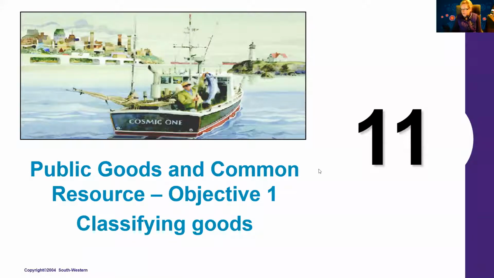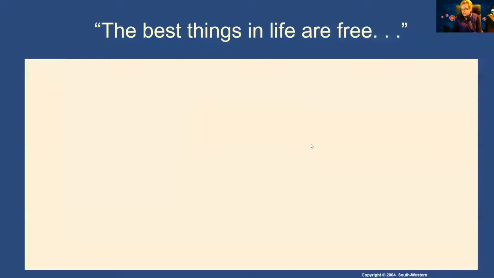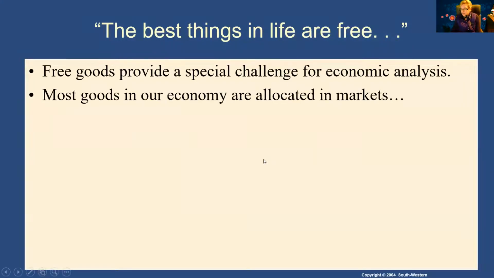Okay. So again, our first objective is how do we classify goods? And our little introduction here basically says the best things in life are free. But we know that's a loaded statement for an economist because we don't believe anything in life is free. Everything has an opportunity cost attached to it. But there are some goods which are seemingly free. In this example, it's difficult because there's no allocation to markets.